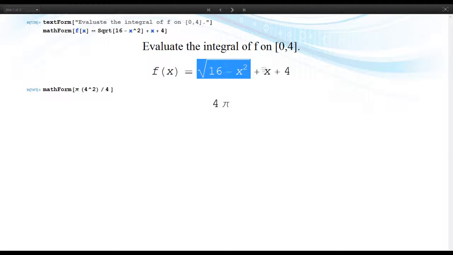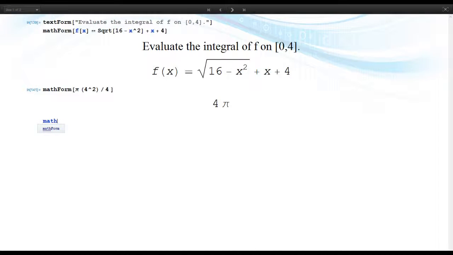And now we're left with the area under this line between 0 and 4. Now, we could use a trapezoid to do that, or we could do a triangle for that part and a rectangle for that part, but I think that it's actually just as easy to do an integral on this part. So the way that we're doing the integral on this whole function is we're splitting it into 2 integrals, one on our polynomial part, x plus 4, one on our circle part. The circle part we will evaluate using geometry, and the polynomial part we'll evaluate using regular calculus.